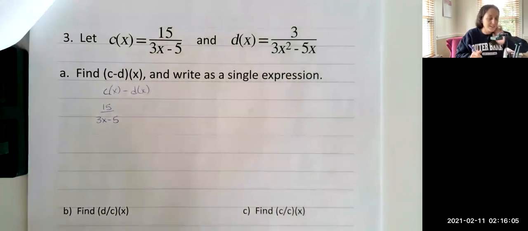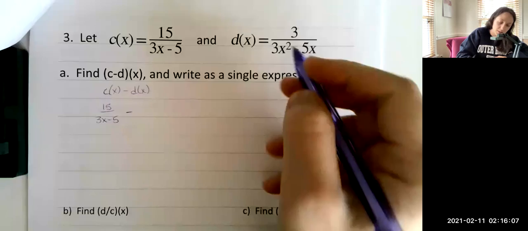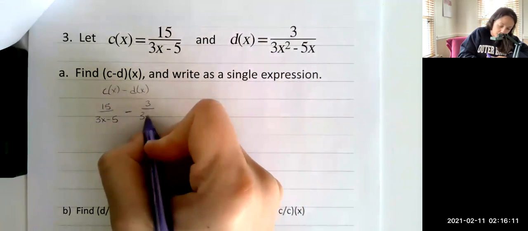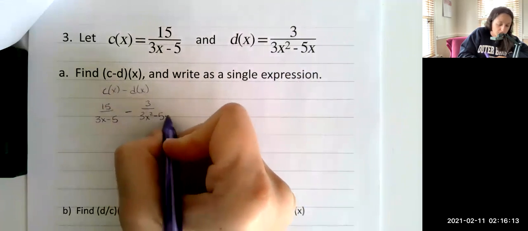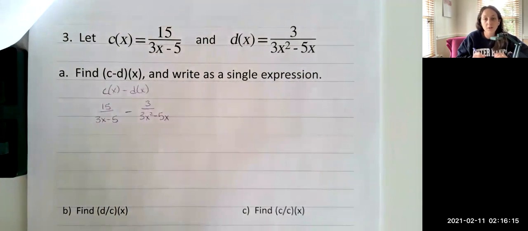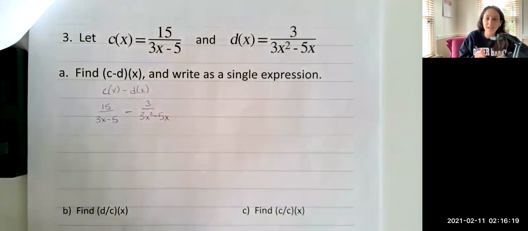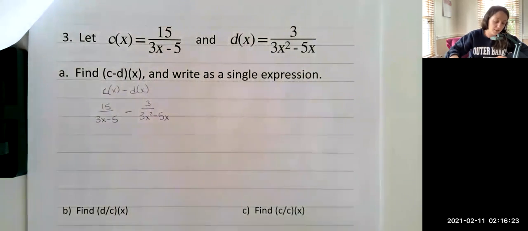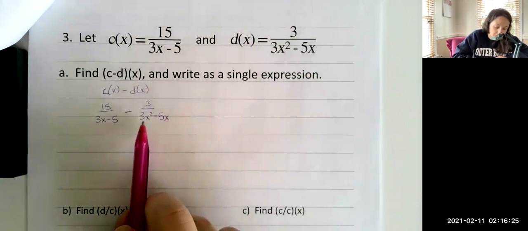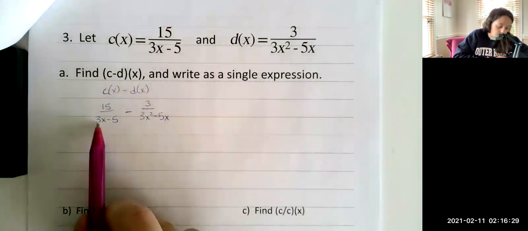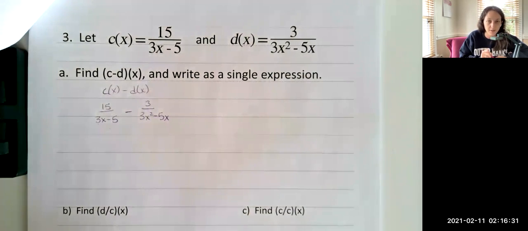All right, so here's my C minus, here's the D function, 3 over 3x squared minus 5x. Now, if you notice, these are not quite the same denominator, so I can't subtract them yet, but they're super, super close. And when I look at them, I notice that I've got 3x squared minus 5x, but just 3x minus 5 over here.